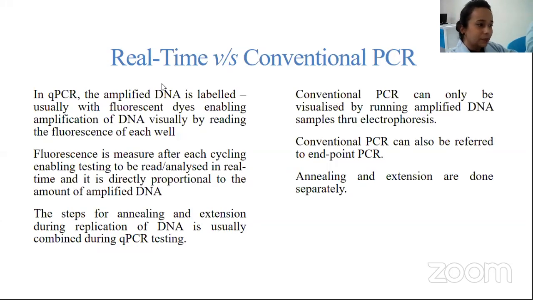In real time, the fluorescence is measured after each cycle, which enables the testing to be read and analyzed in real time, as compared to conventional PCR, which can also be referred to as endpoint PCR, in which the result is only read at the end of the cycle. The steps for annealing and extension during replication of DNA are usually combined during qPCR testing. Annealing and extension are done separately in conventional PCR.